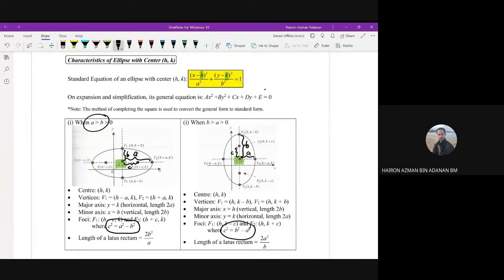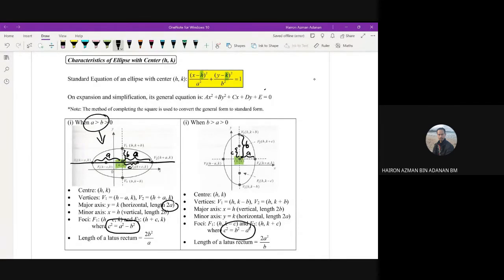For A more than B, A is under X, which means the major axis is parallel to the X axis. This one is the major axis. The length of the major axis is 2A. So A here, this one also A, A plus A, 2A.